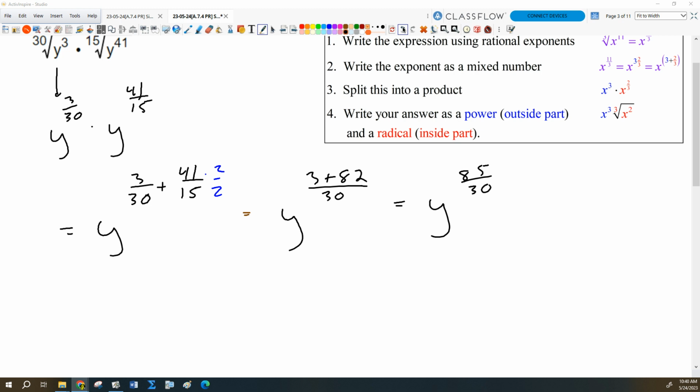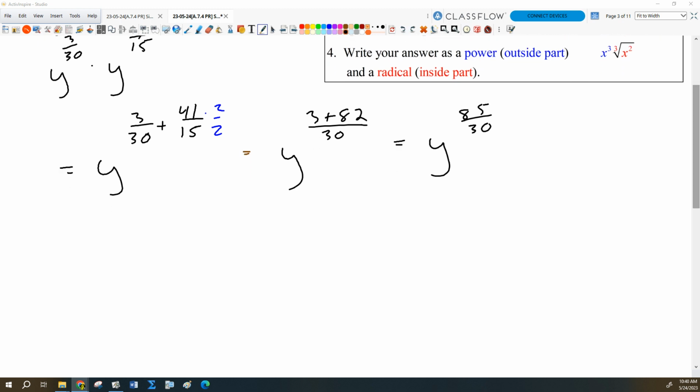Okay. So we could write that as a mixed number, y to the 2 and 25/30, which is the same thing as, whoops.